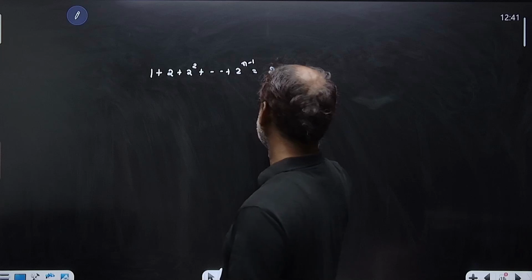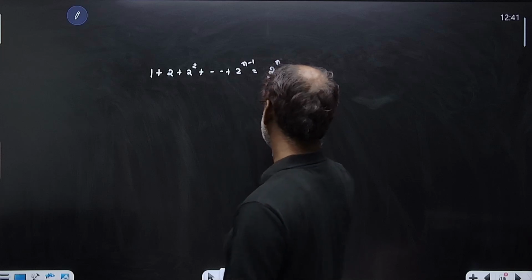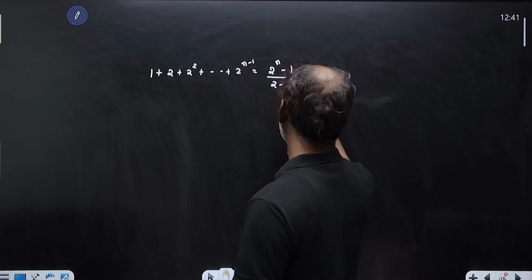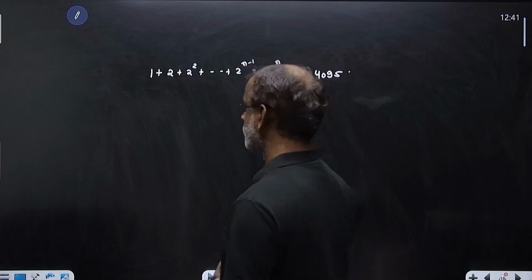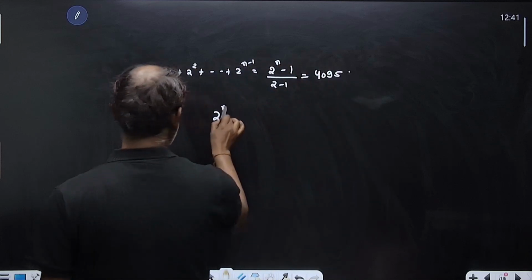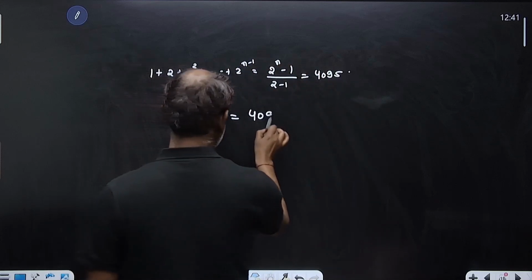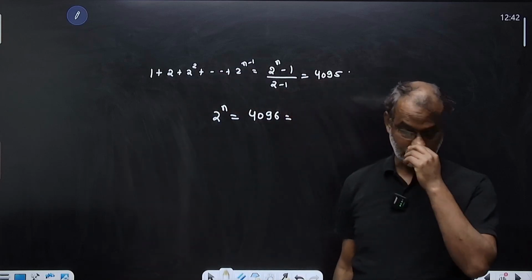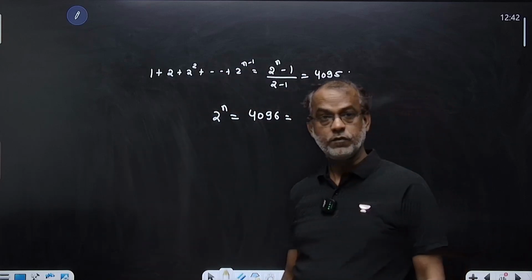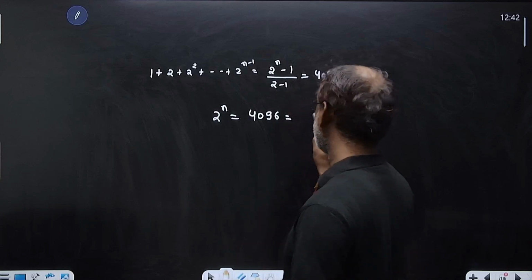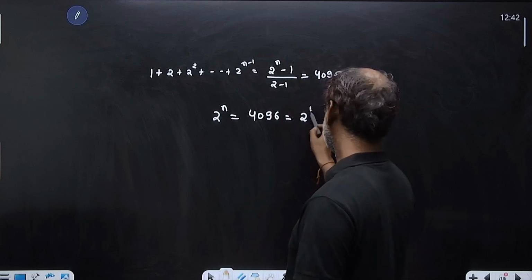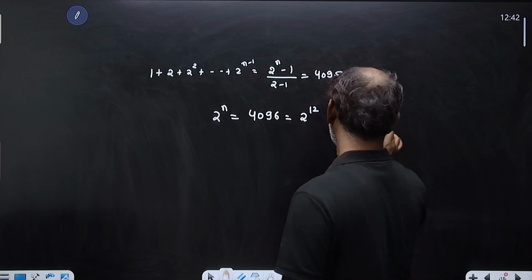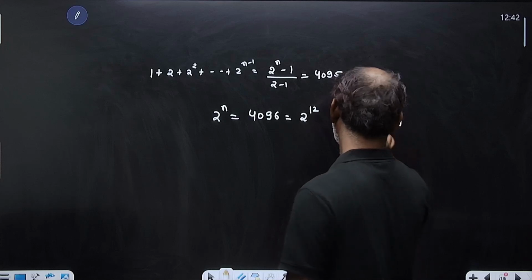So, this is 2 raised to n minus 1 upon 1, which is given to you as 4095. So, 2 raised to n is 4096. 4096 is 64 square, 2 raised to 10, 1024, into 4. So, the number of circles is 12.